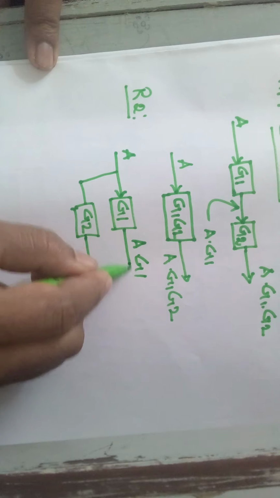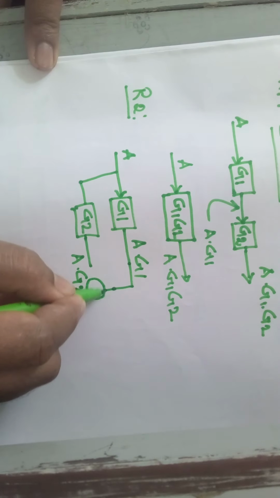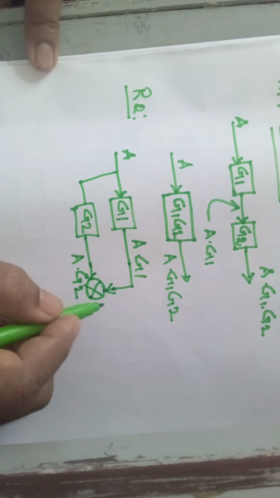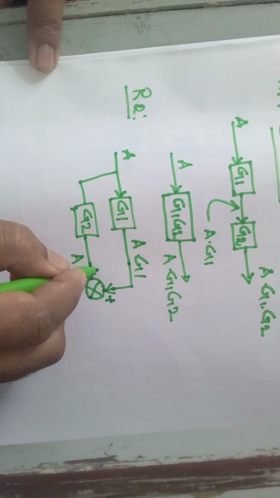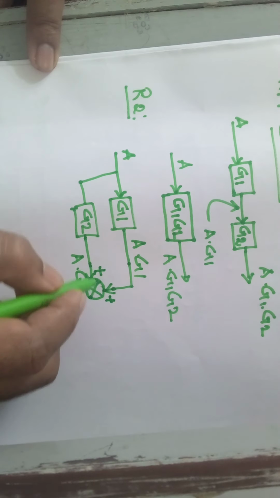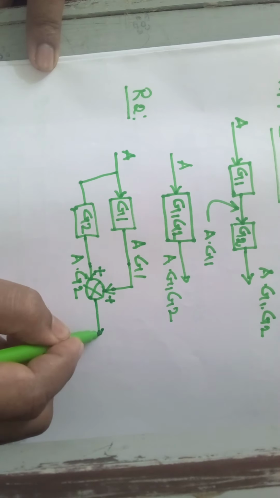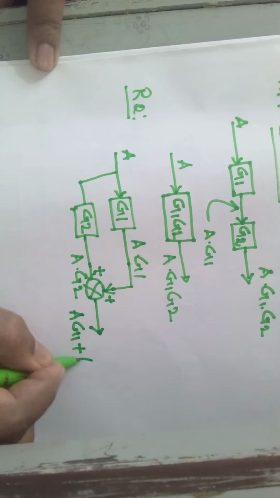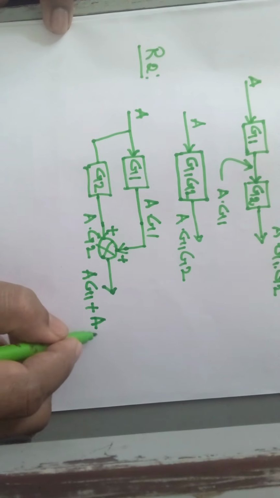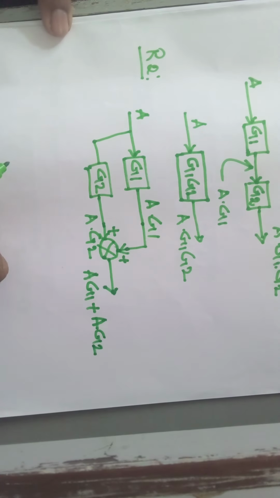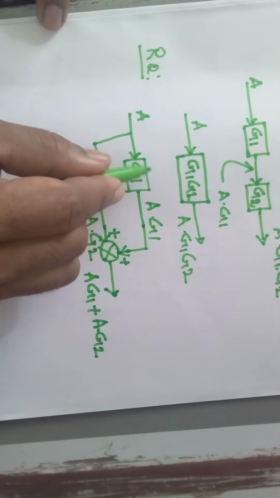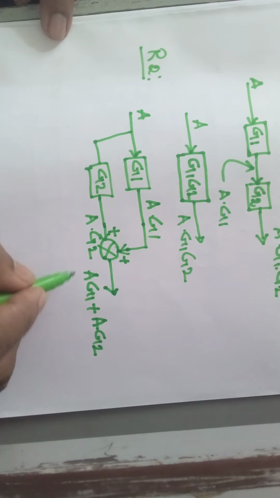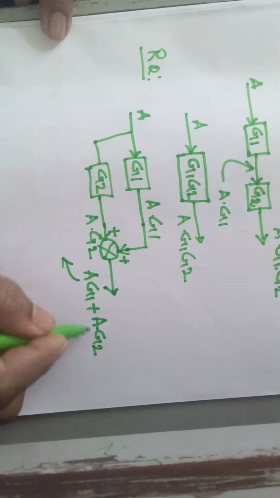Now if these two are added, I am adding a summing point here. This represents the summing point. Both the signals are added, so I am putting a plus sign here, and now the output is A into G1 plus A into G2. Understood? Now we can replace these two blocks with a single block.